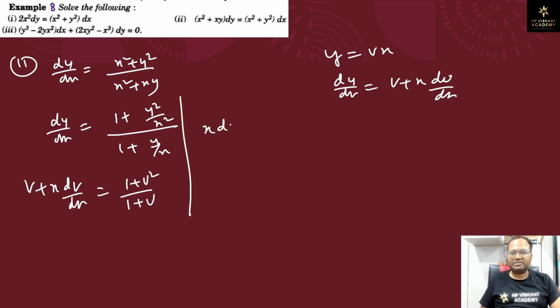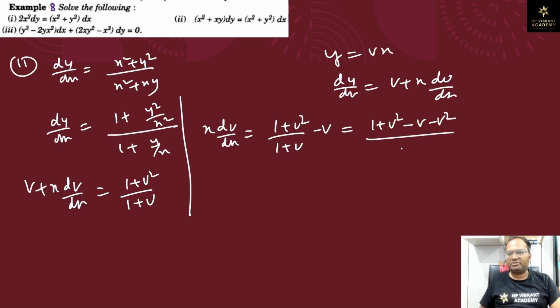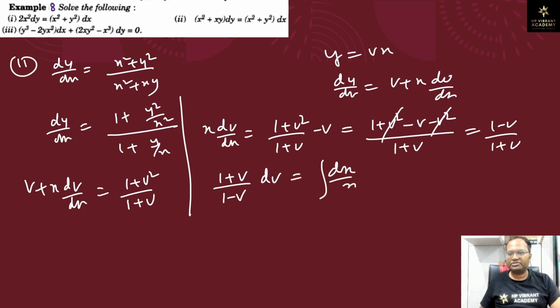So from here x dv upon dx is equal to 1 plus v square upon 1 plus v minus v. So this is 1 plus v square minus v square upon 1 plus v. So this gets cancelled. So this is 1 minus v upon 1 plus v. So from here 1 plus v upon 1 minus v dv is equal to dx upon x, integration.